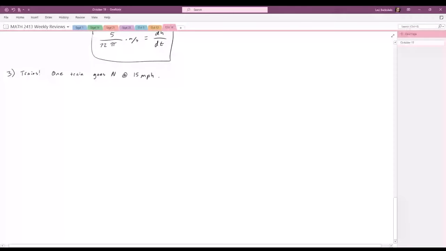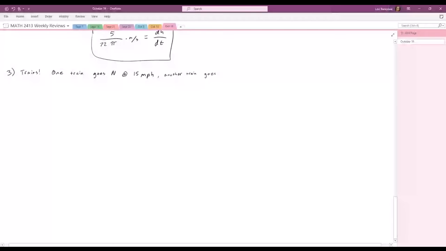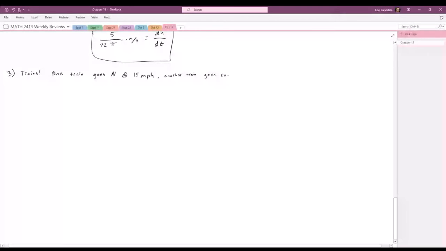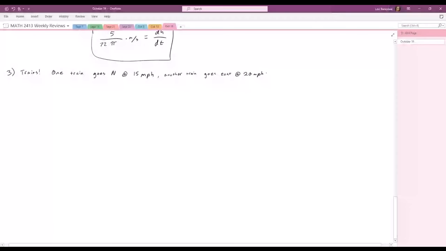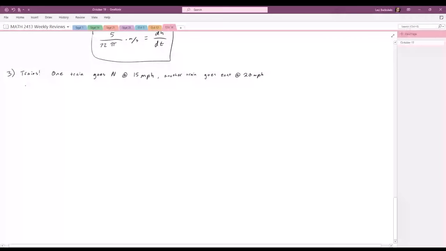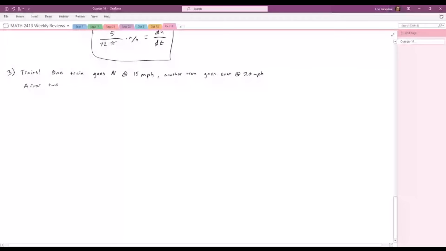And we also have another train, and it goes, let's say, east at 20 miles an hour. Well, I want to know, after 2 hours, how fast is the distance between the trains changing?